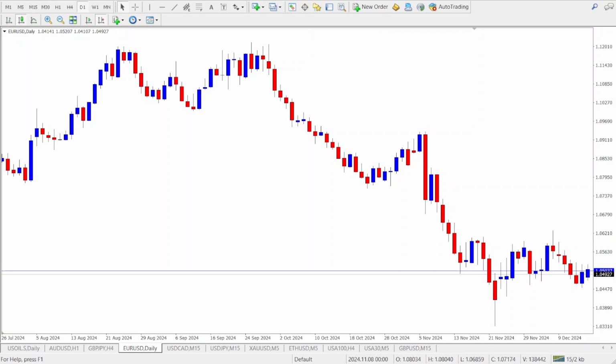A long body means that the price moved significantly during the time period represented by the candle. Now, you look for candles that are much larger than the surrounding ones. For example, you can see this one is much larger than both, in fact much larger than all the candles within this zone, individually.